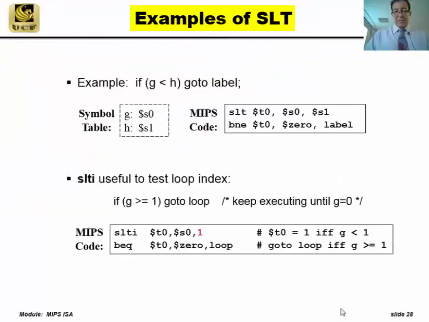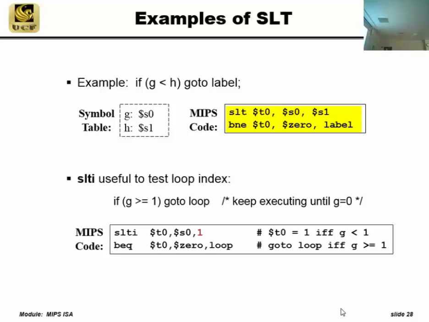So here we see an example of using set less than. In the symbol table, g is in register $s0 and h resides in register $s1. We can set $t0 if $s0 is less than $s1. Then, if $t0 is not equal to 0, go to a label, which is going to be a skip condition.